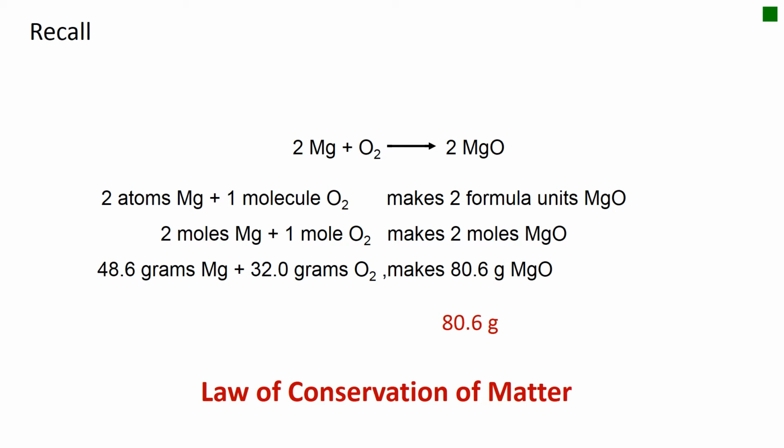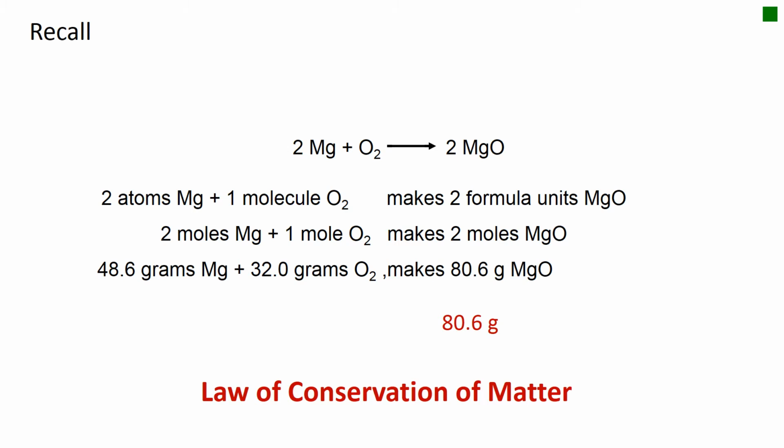Now recall, I just described that Mg plus O2 could be 2 MgO, and described it as saying 2 atoms of Mg plus 1 molecule of O2 makes 2 formula units of MgO. 2 moles of Mg plus 1 mole of O2 makes 2 moles of MgO.